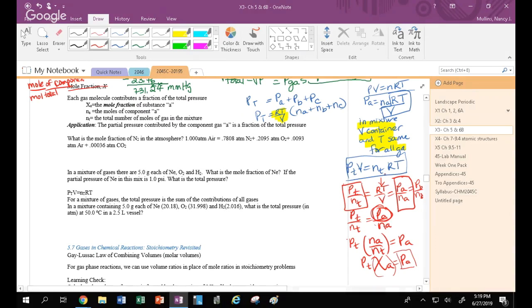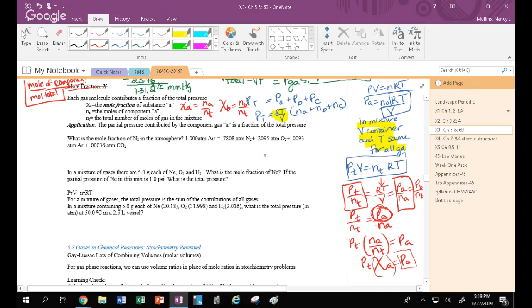And so what we're saying is we know how much of a fraction it's going to contribute because it's based on how many moles I have available. It's a mole ratio, moles of the component over the moles total. So mole fraction of substance A would be moles of A over moles total. If I wanted to talk about mole fraction of B, that would be moles of B over moles total. It's just a ratio of moles, where the total is in the denominator.